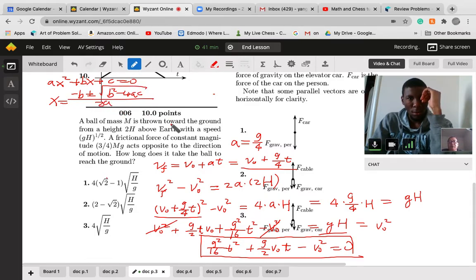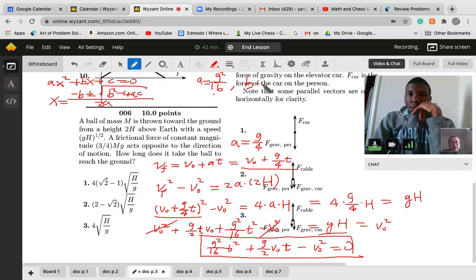Do you know this formula? If you know this, that will be very easy. Okay, in this equation, a equals g squared over 16, b equals g over 2 times v0, and c equals negative v0 squared.